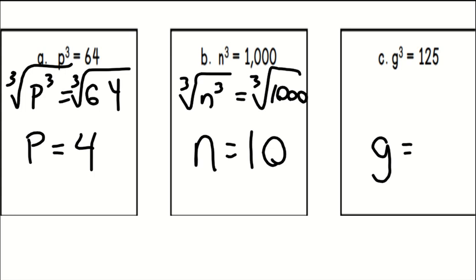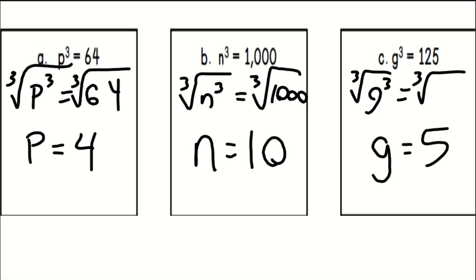All right, C. Nick? 5 is correct. Same idea. Cube root of each side. Cube root of 125 is 5. 5 times 5 is 25. 25 times 5 gives you 125. Okay?